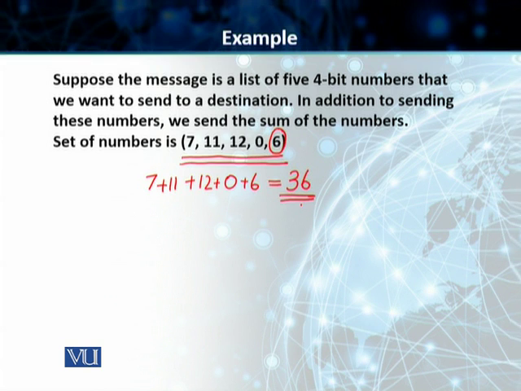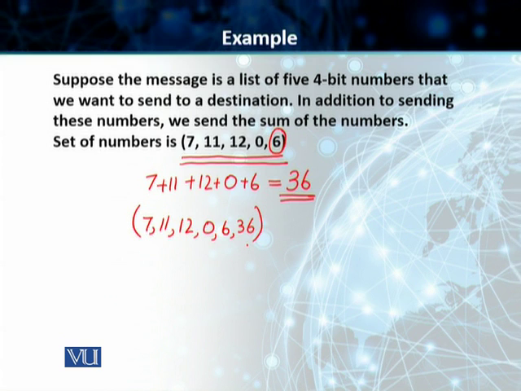So students, what we'll need to send is 7, 11, 12, 0, 6, and 36. This is going to be our message appended with the checksum, where your 36 is nothing but the sum of the original numbers. Students, the receiver adds these 5 numbers and compares the results with the sum.